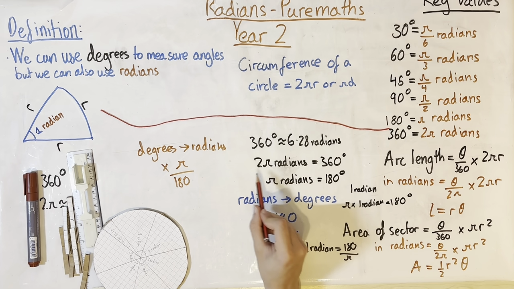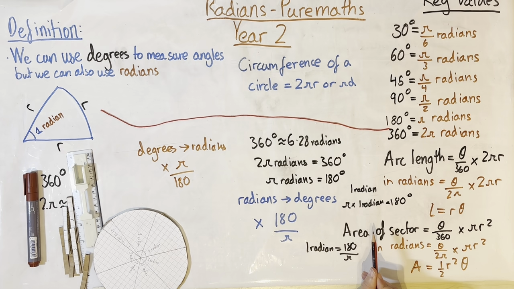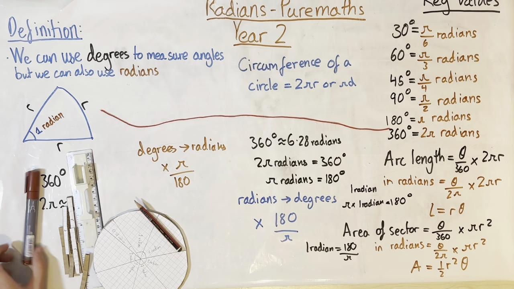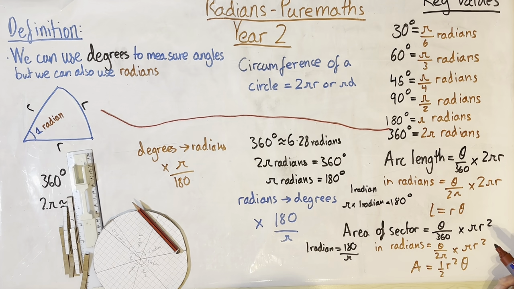And if we know that 2 pi radians is equal to 360, then to find the arc length we now do theta over 2 pi times 2 pi r. And because the 2 pi cancel out, we do r times theta, where r is the radius.